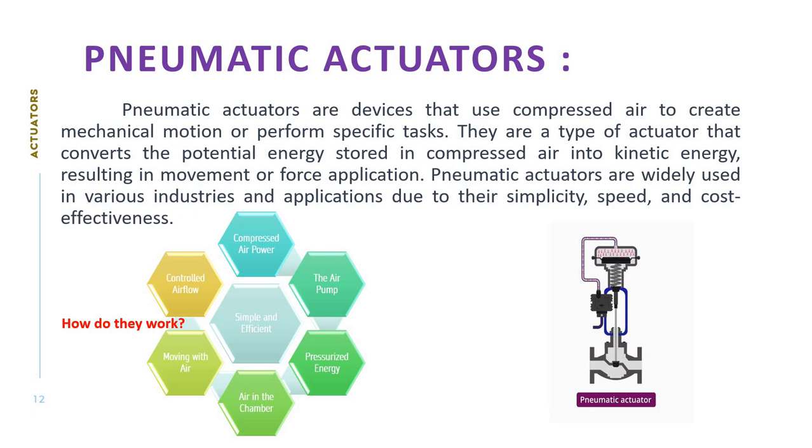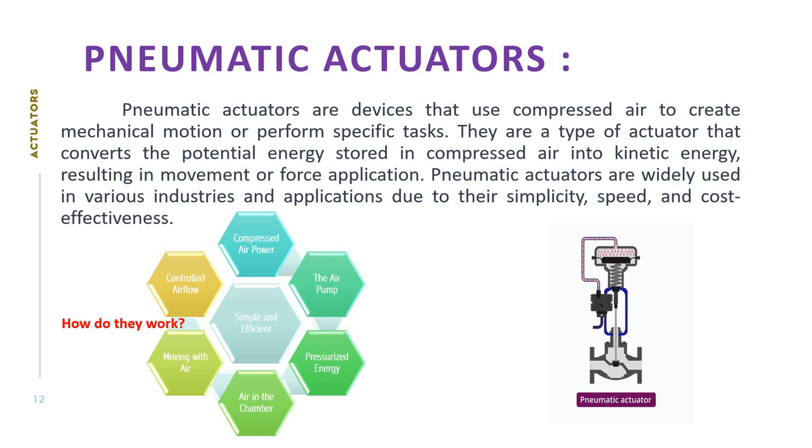When we dive into pneumatic actuators, imagine a superhero who can blow a powerful gust of air, as we saw in the previous slide, a superhero with magical fluid power. Here, imagine a superhero who can blow a powerful gust of air and move objects with the force of the wind. Well, that is called a pneumatic actuator.